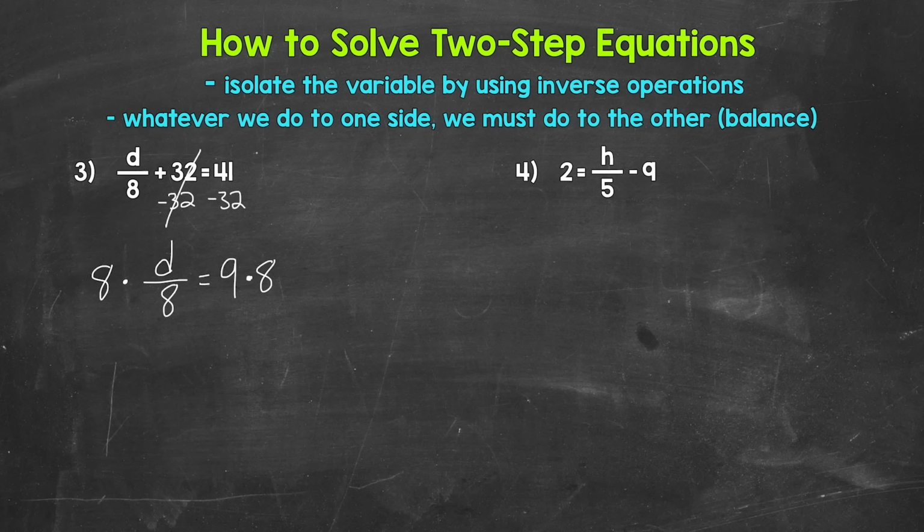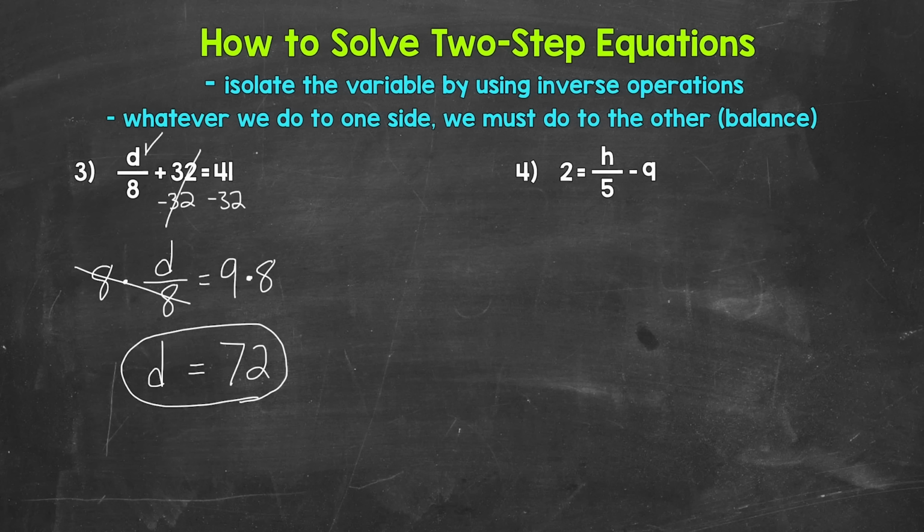Now on the left side, we are dividing by 8 and multiplying by 8. These 8s cancel each other out. So d is now isolated. D equals, and then on the right side, 9 times 8 gives us 72. So d equals 72. That's our solution.